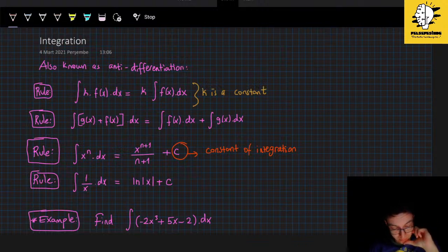If we take the integration of 1 over x times dx, and you should put dx too, in order to be mathematically correct. The examiner will understand what you mean, but let's be correct mathematically, and it's going to be useful for your university as well. It is equal to ln of the absolute value of x, plus c.